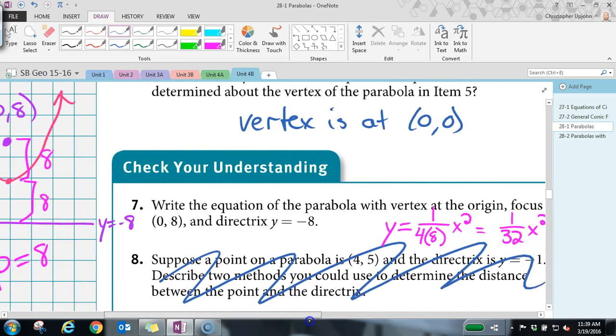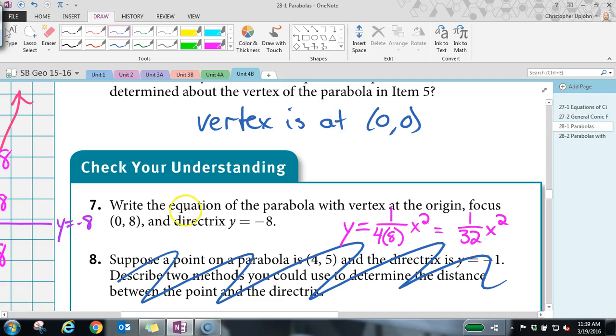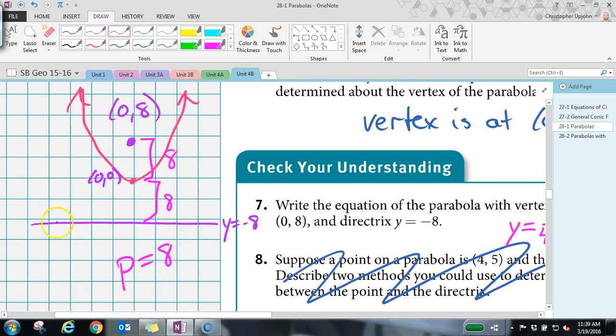So if we're looking here, again, I suggest that we sketch these out. Write the equation of a parabola with the vertex at the origin, focus 0, 8, and directrix y equals negative 8. Well, y equals negative 8 is a horizontal line. My focus is 0, 8. So, again, my focus is going to be inside my parabola, so it's going to look like this.